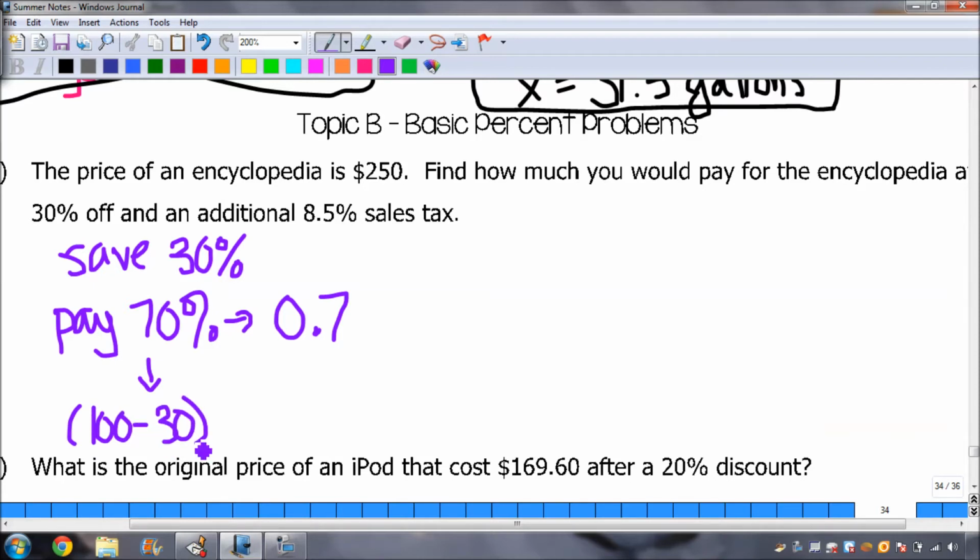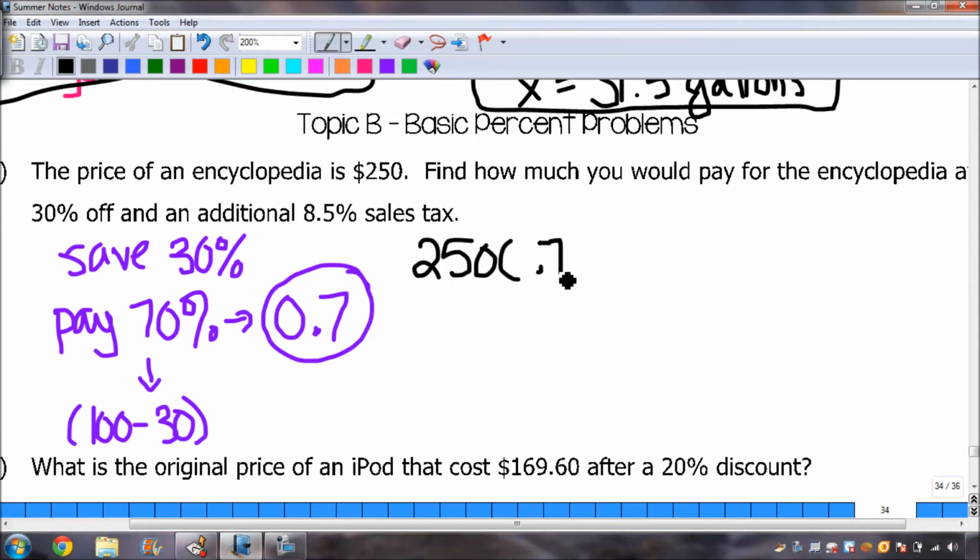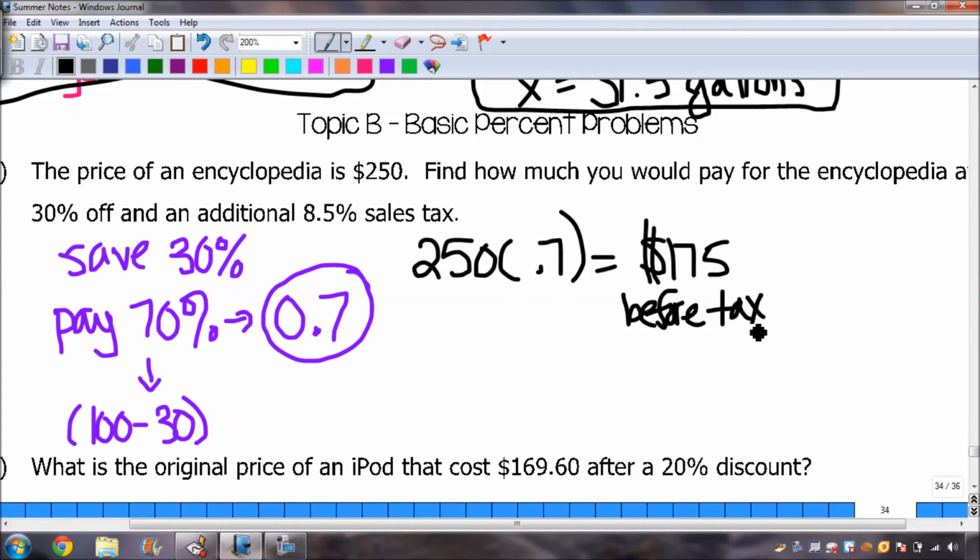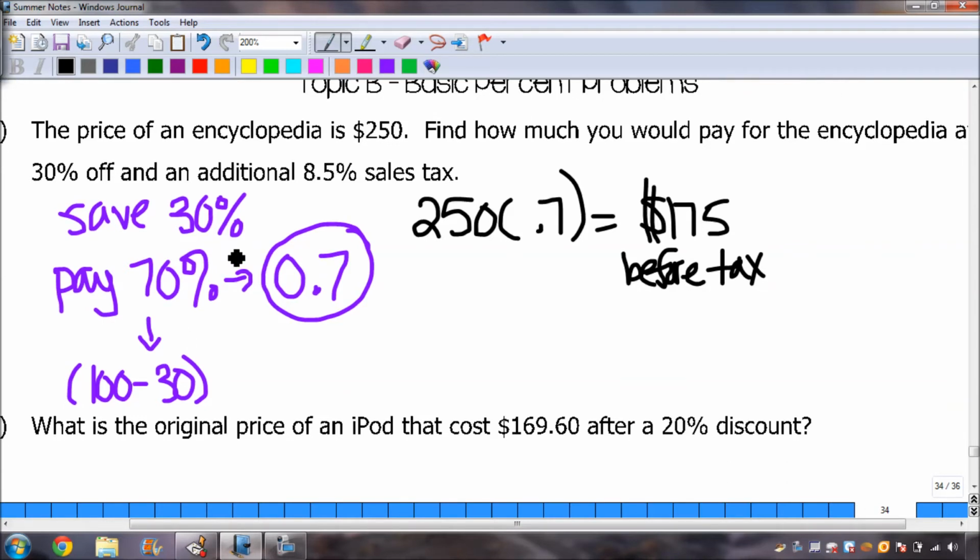Okay? So I'm going to take this 0.7 and multiply the cost by 0.7. So that's where I get $175. This is how much I have to pay before tax, just like we did before. And then you need to figure out the next piece, which is the tax piece, right?